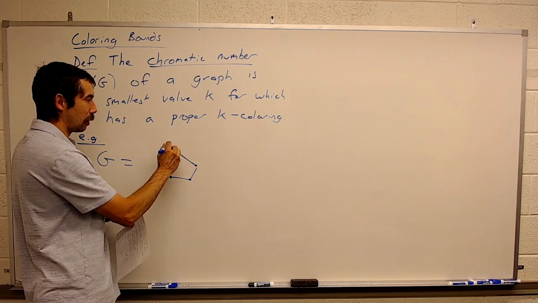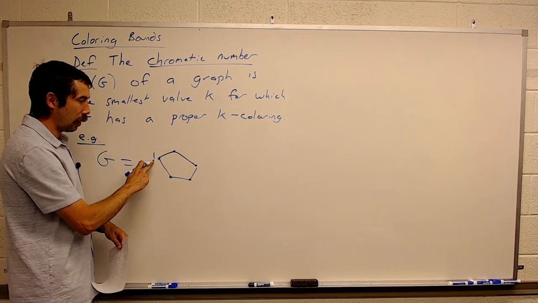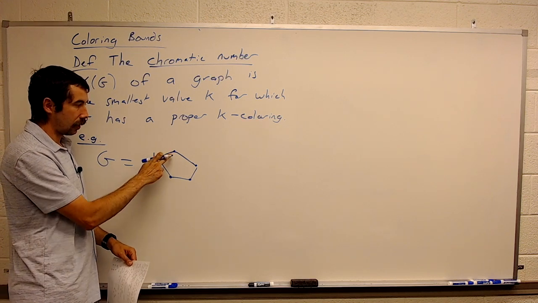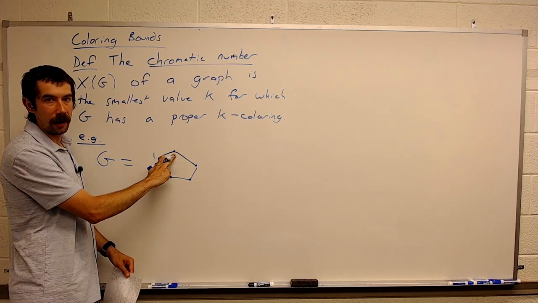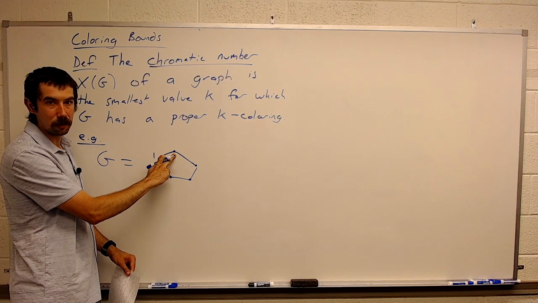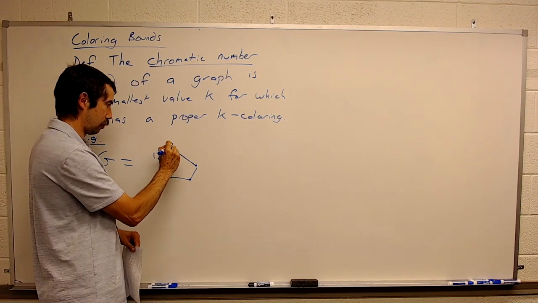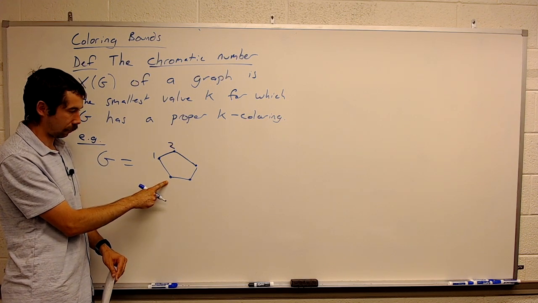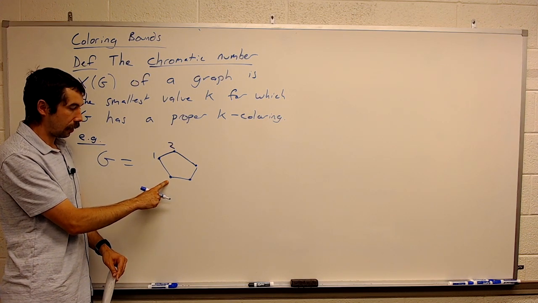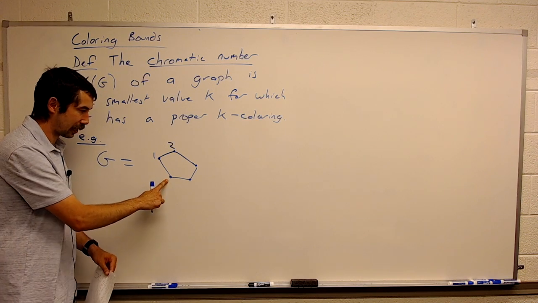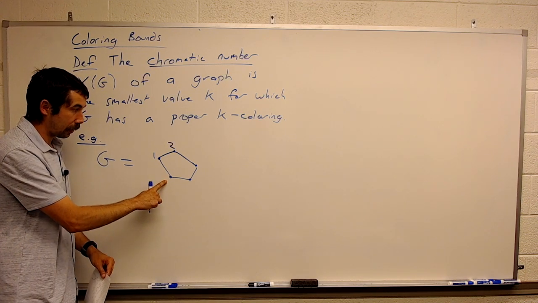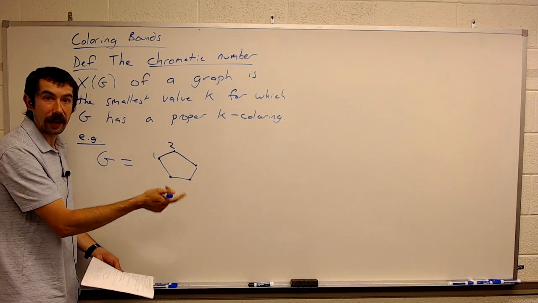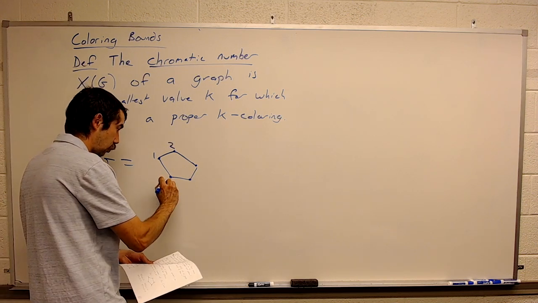All right, so let's label this 1. This is a neighbor of 1, so it can't get the same color as 1, so it's going to be 2. And same thing with this vertex here, it's a neighbor with 1, so it can't be labeled 1. So we're going to label it 2.